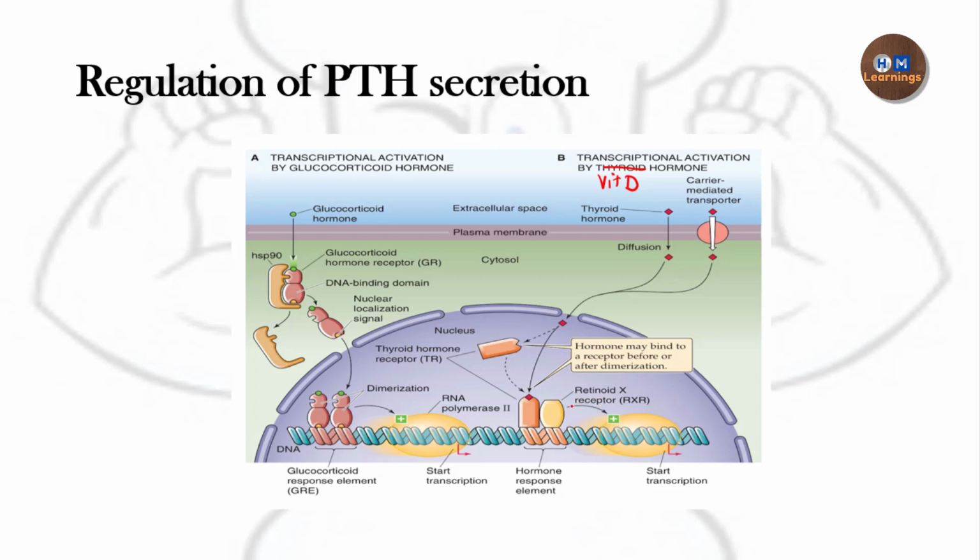This retinoid X receptor will come and bind to this vitamin D receptor and vitamin D complex to form a heterodimer, and then they will trigger the transcription. If you see clearly, this receptor doesn't bind to any ligand, because it doesn't require any ligand to bind to the hormone response element. So now this will act as a heterodimer bound to the hormone response element and trigger the transcription process.